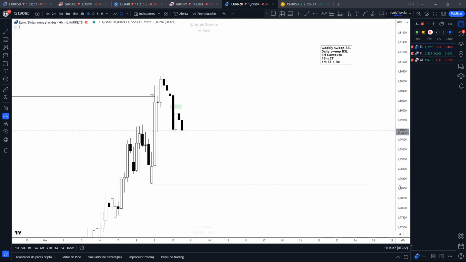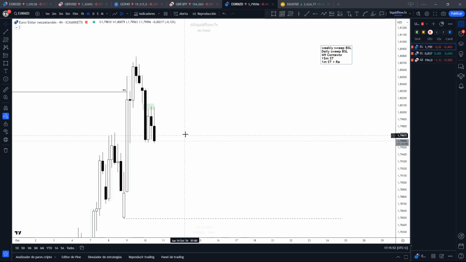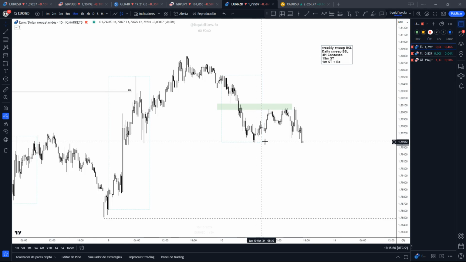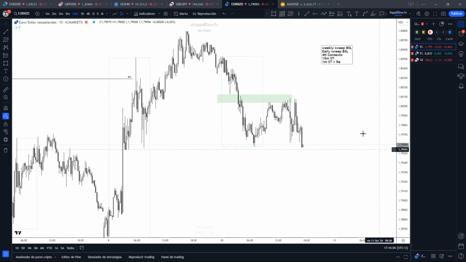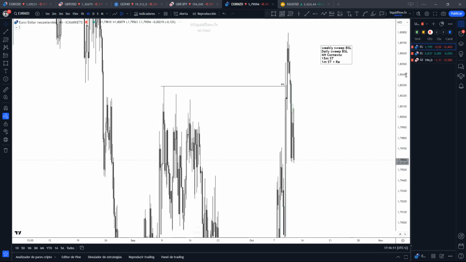You could also know this cycle as internal range liquidity or external range liquidity. Let's see here that this is my external and this inside is my internal range liquidity. Also, you have sell side liquidity taken, buy side liquidity taken. Okay, it's the same. It's just that I use fair value gap. Okay, just try to keep that in mind.